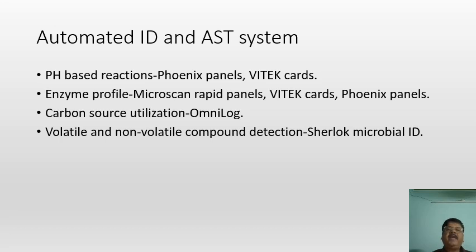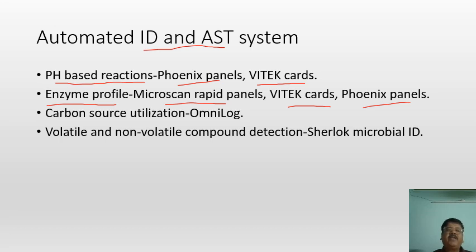Then automated ID and AST systems. These are pH-based reactions. Examples are Phoenix panels and Vitek cards, which utilize the pH-based mechanism for detection. Then enzyme profile: MicroScan rapid panels, Vitek cards, Phoenix panels. So these are the commercially available equipments.